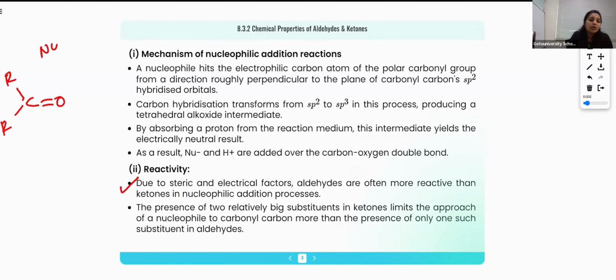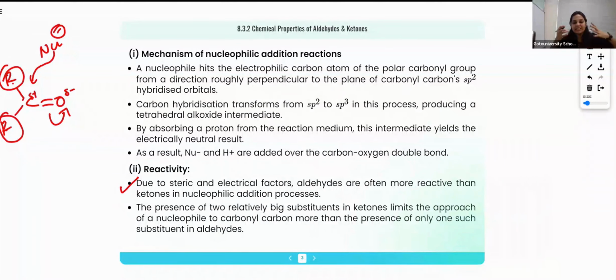When the nucleophile is attacking here, normally this bond will move to the oxygen and the carbon will get a positive charge, the oxygen will get a negative charge, right? Then if the two groups are alkyl groups, bulky groups, what will happen? When the nucleophile is attacking this carbon, these two groups will repel the nucleophile.